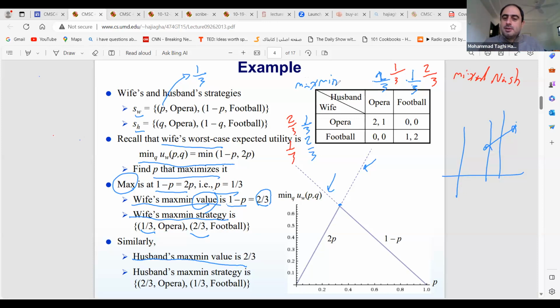So in the Maximin, the wife is taking two-third football, the one that she does not like. The same thing for the husband. Good. So in this case, the Nash equilibrium and Maximin are not the same. And we will discuss when Maximin and essentially Nash equilibrium would be the same.